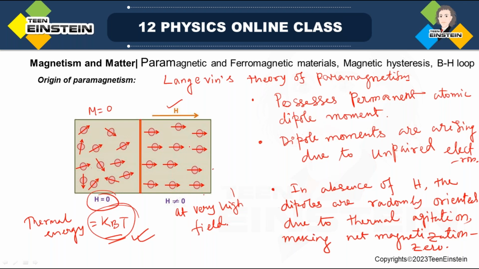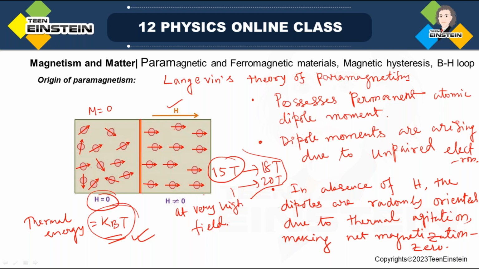After achieving this saturation, even if you increase the field, suppose it has reached this configuration at 15 Tesla applied field, and now you increase the field to 18 Tesla or 20 Tesla or more, you are not going to get more magnetization, because all the dipoles available in the substance have already contributed to the magnetization, and no new magnetic dipole will come and align along the field direction to give increased magnetization.